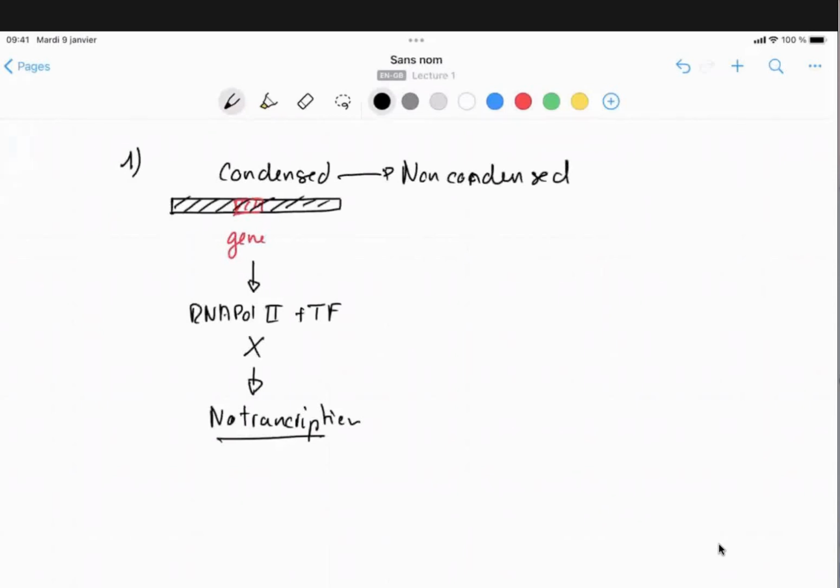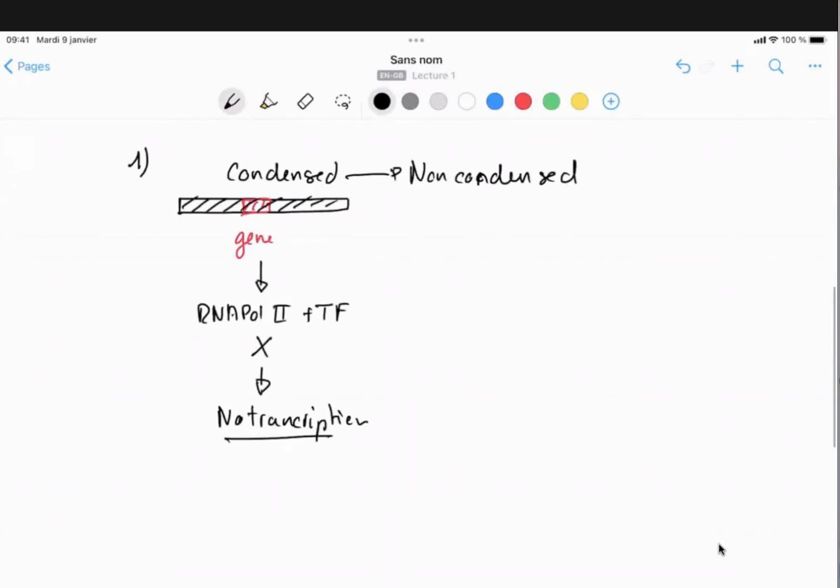If we want to do that, we can have the histone acetyltransferase that are going to transfer an acetyl to the lysine, and the activity of histone acetyltransferase is going to shift from condensed state to non-condensed state.